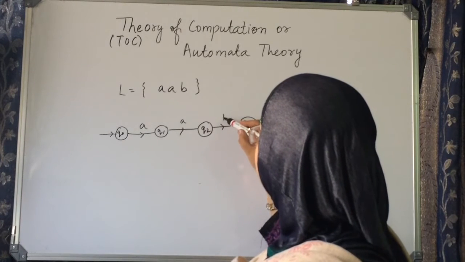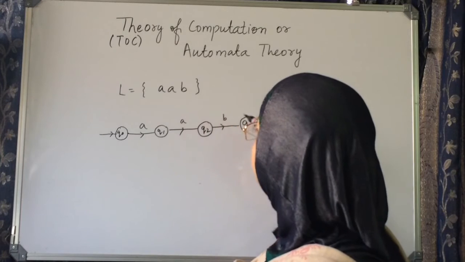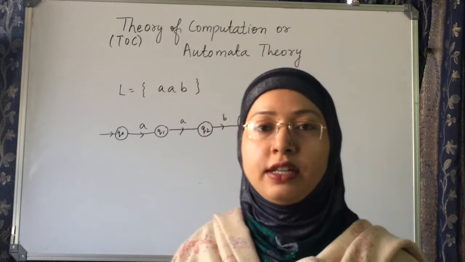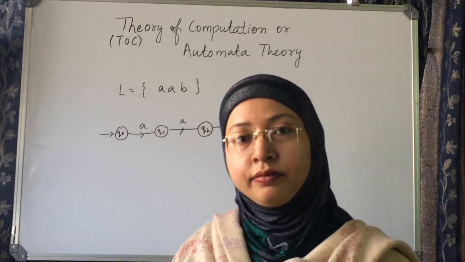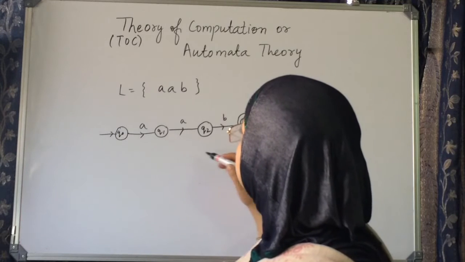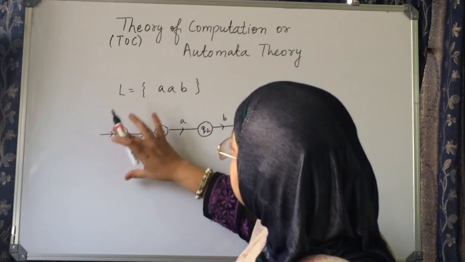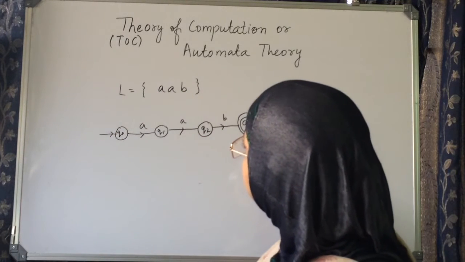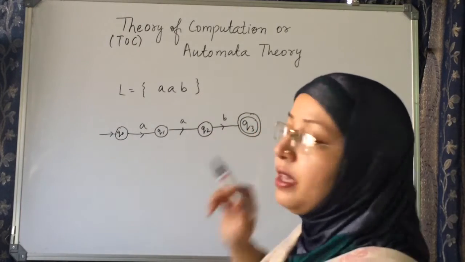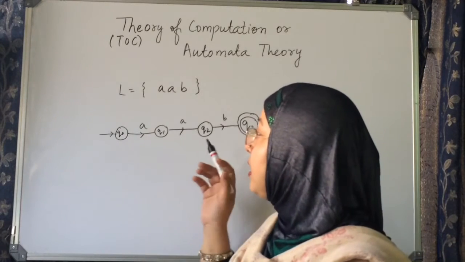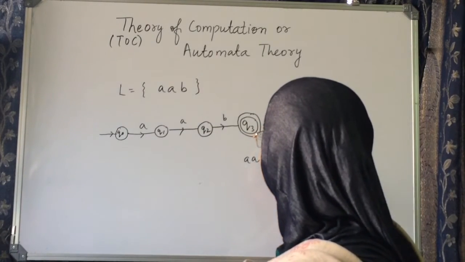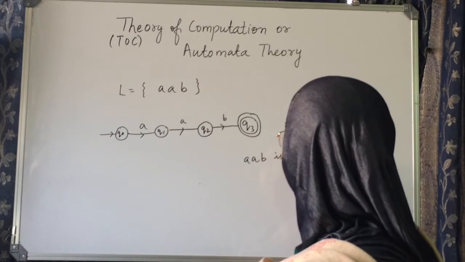Since this is the last symbol and it has to be acceptable, this should be the final state. These are the symbols scanned from the initial state to the final state: A, A, B. So this automata says that AAB is acceptable.